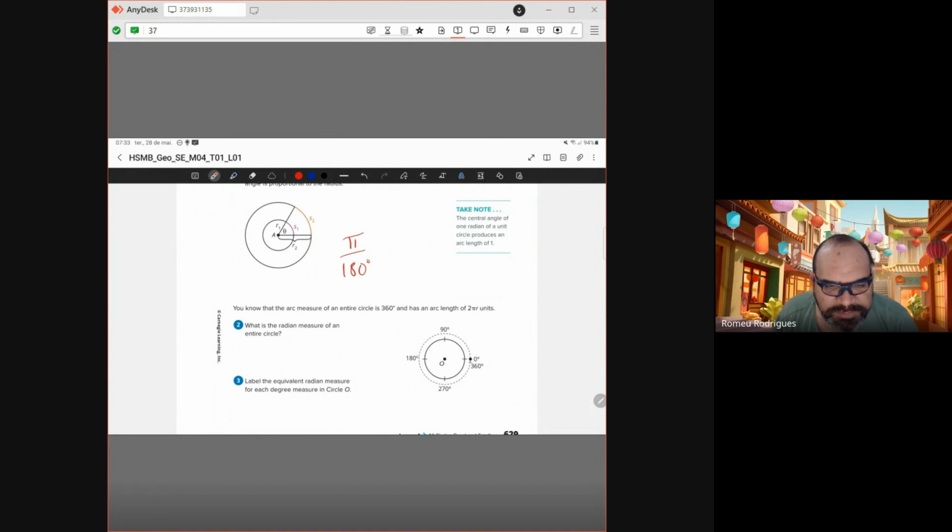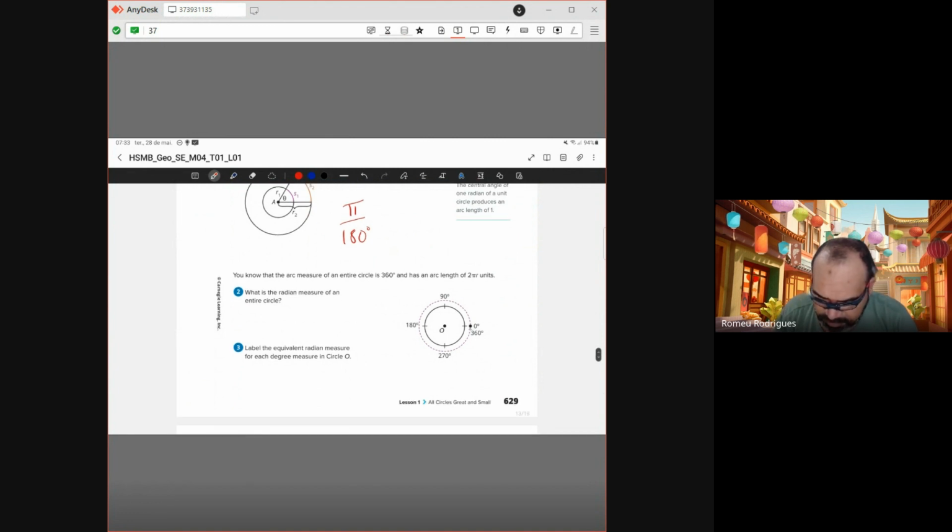What is the radian measure of this entire circle? Well, if 1 pi is 180, how much will be 360? Then it's 360, and we put this x here. We just cross multiply and here will be 360 pi equals 180 x.